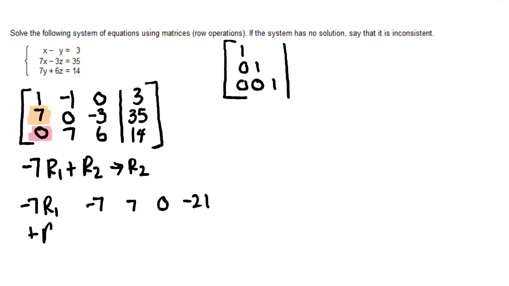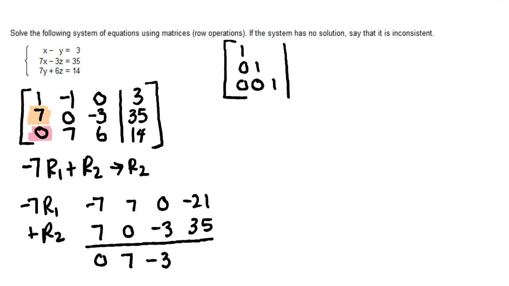And I'm going to add that to row 2, which gives me 7, 0, negative 3, and 35. I'm going to add these rows together to get 0, 7, negative 3, and 35 minus 21 would be 14.